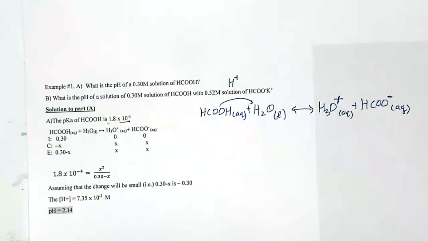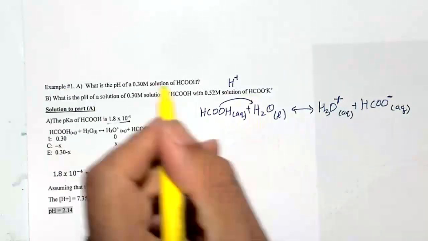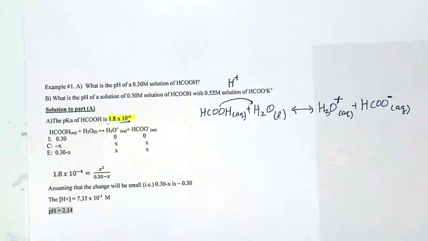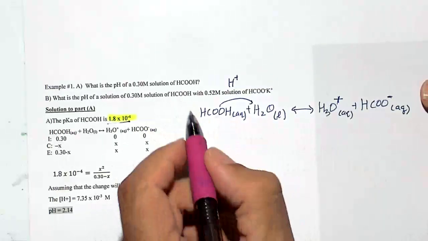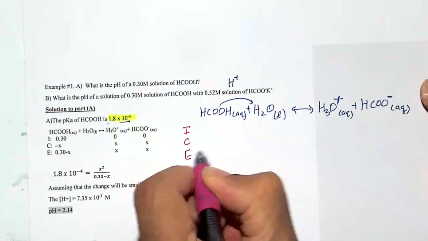I'll give you the Ka on the exam, which is 1.8 times 10 to the minus 4. It's a weak acid, so we'll do our ice table.